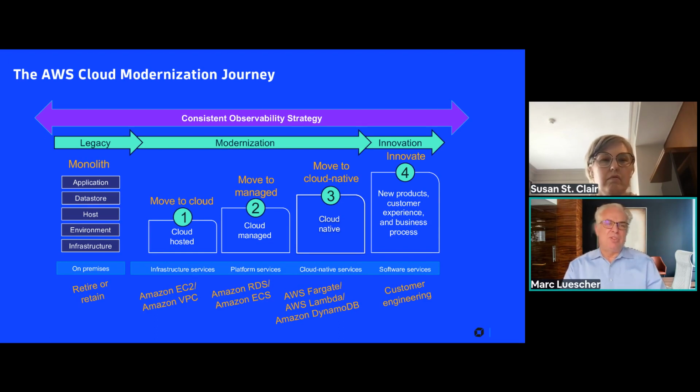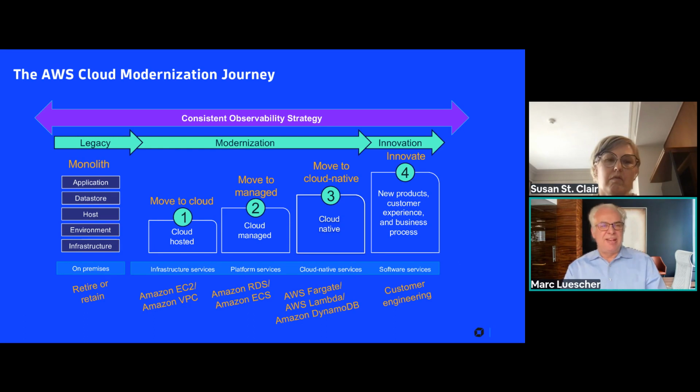So we talked about point one, lift and shift. The next option is cloud managed. If you have migrated your application and you also migrated your database service like SQL, Oracle, or others, you probably might think, how can I better align it? How can I better optimize it?